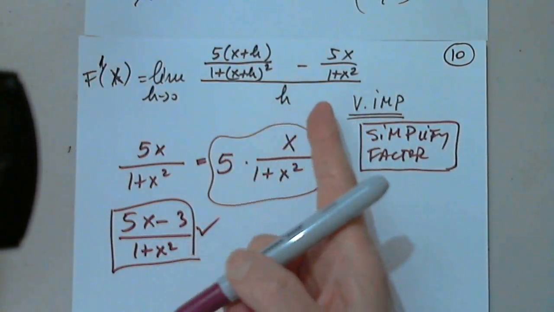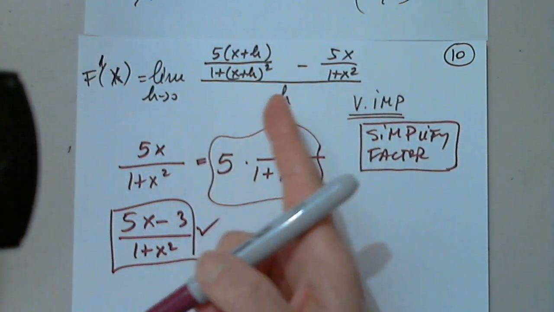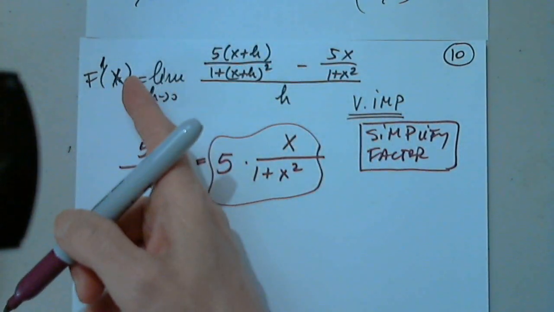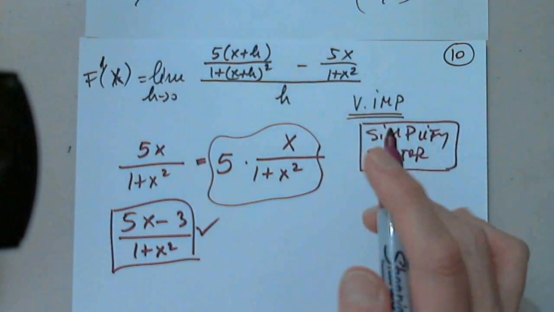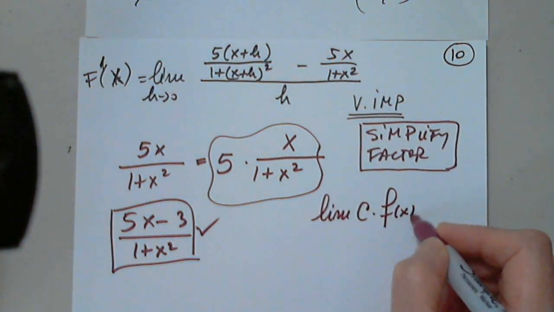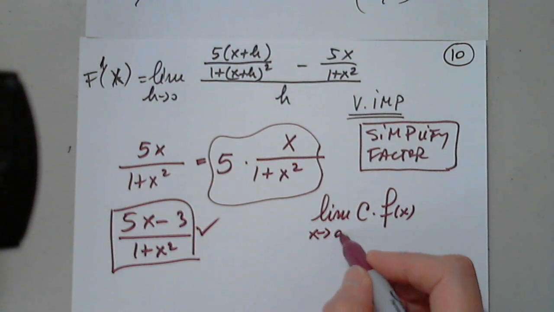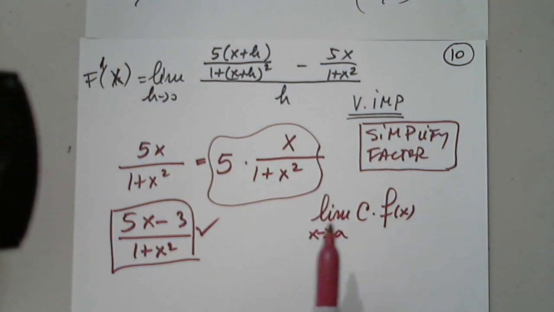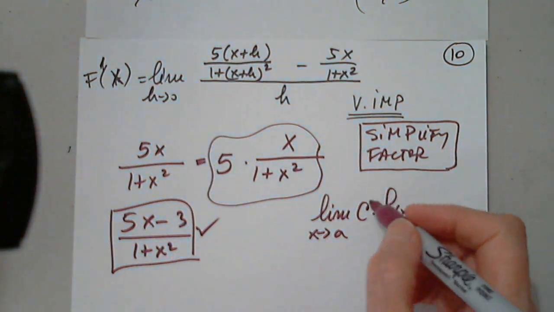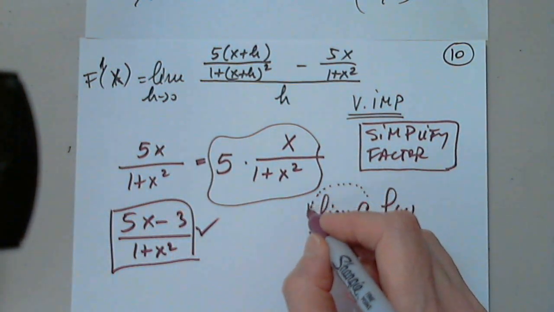So instead of doing this, I will factor out 5 and put it in front. And you can say, wait a minute, what are you trying to do? Well, we have one of our limit laws. If I have a factor in front of a function, I can put the factor in front.